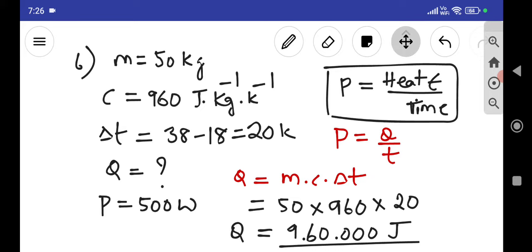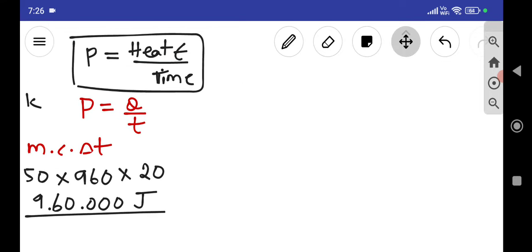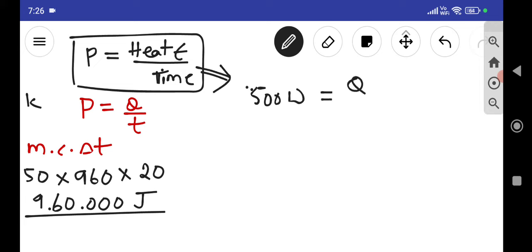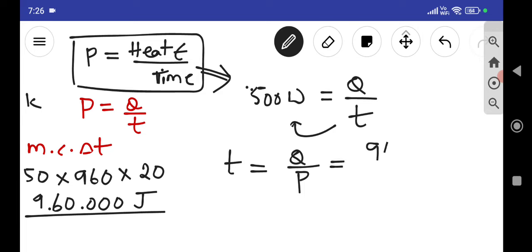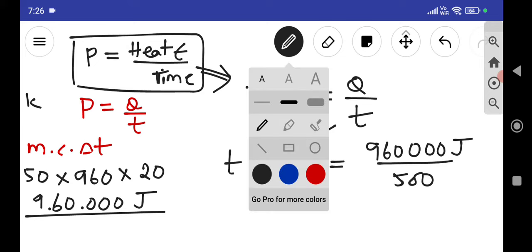Next, what we need to do, we have to use this formula and substitute it, as power is given as 500 watt. So this formula we are using, nothing but Q by T. So we want T. So T is equal to Q by power, nothing but Q is 9,60,000 joule divided by, here you got 500 watt.